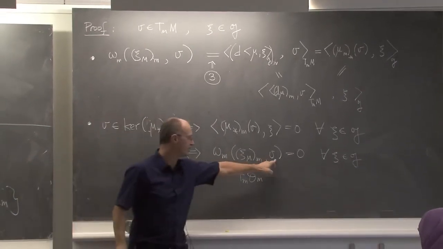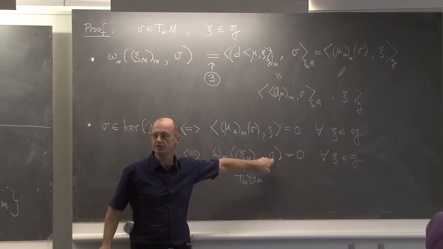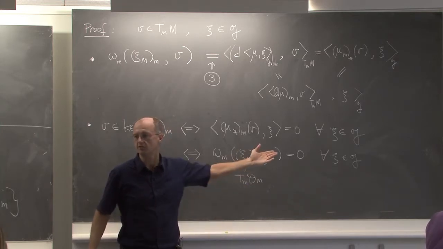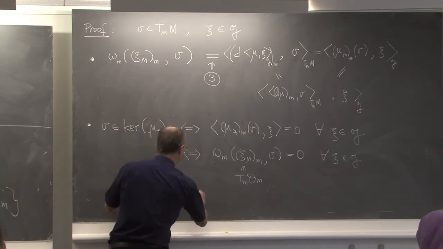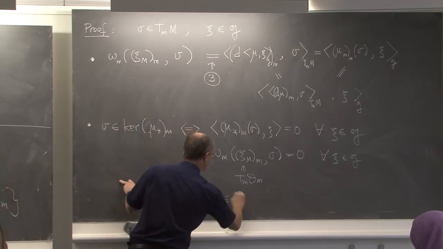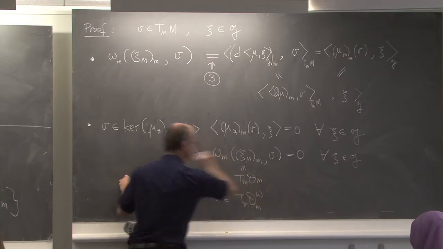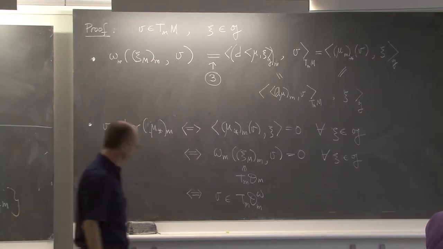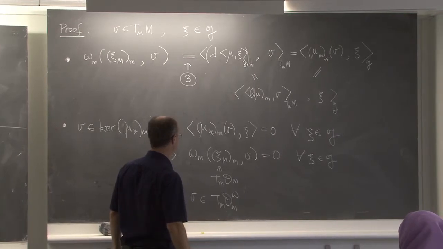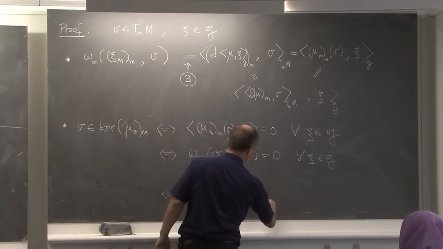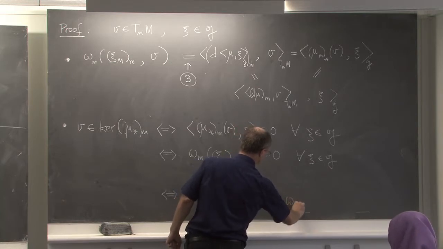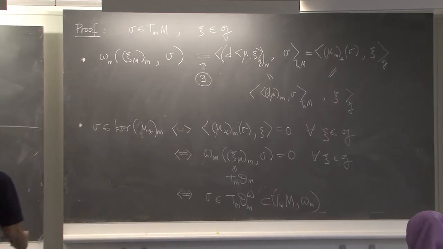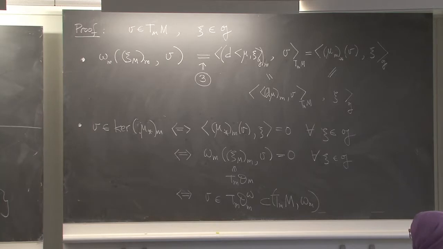So what do these equations say? These equations say that the pairing with omega of v with all the tangent vectors to the orbit is 0. But then by definition of omega orthogonal, this means that v is in T_m omega orthogonal. Let's just test the definition of this omega orthogonal subspace. So I think this settles number one.